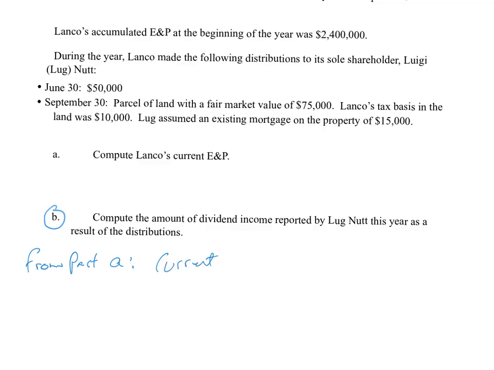current earnings and profits at the end of the year was well over $1.5 million. Accumulated E&P, where was our accumulated amount? Here's our accumulated amount.